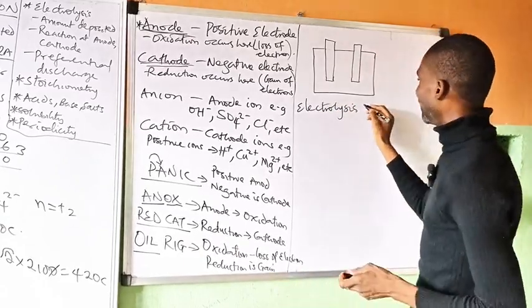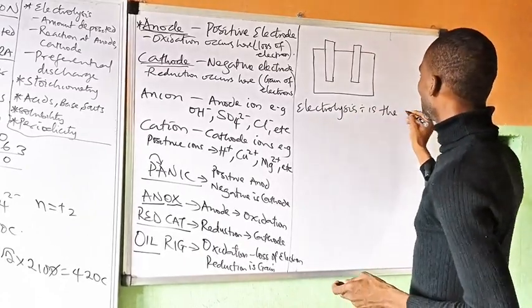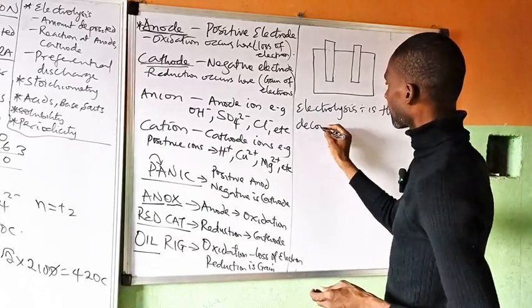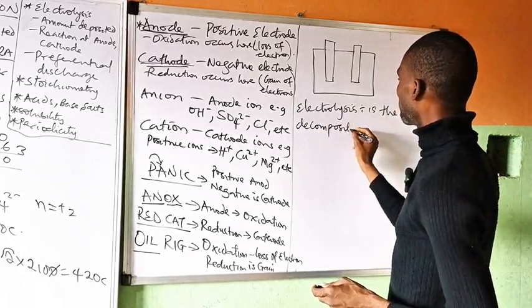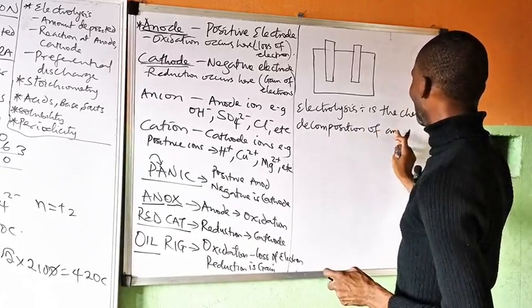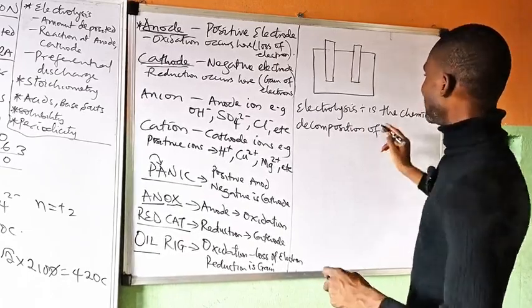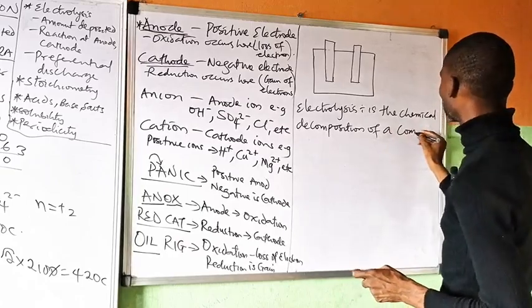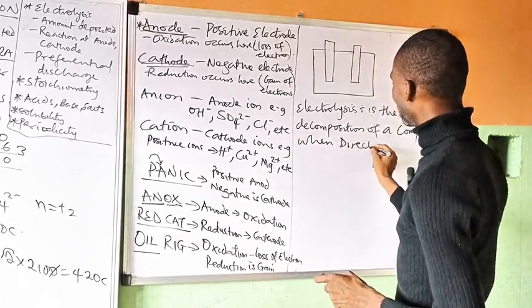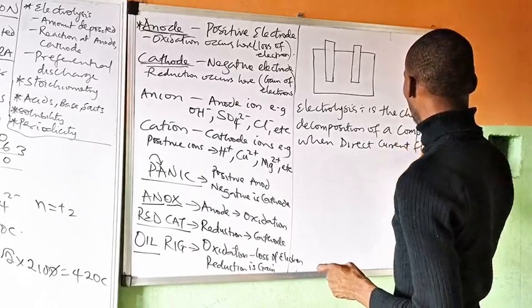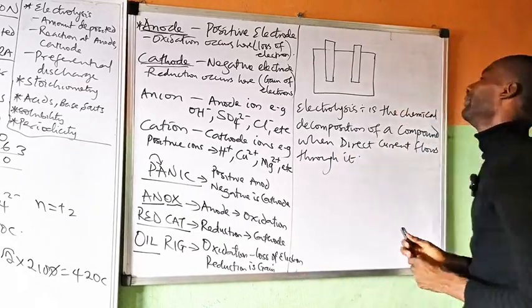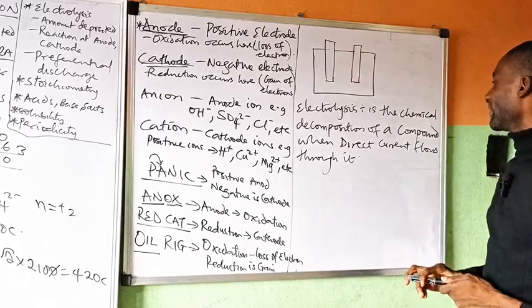If you are asked to define it, electrolysis is the chemical decomposition of a compound when direct current flows through it.